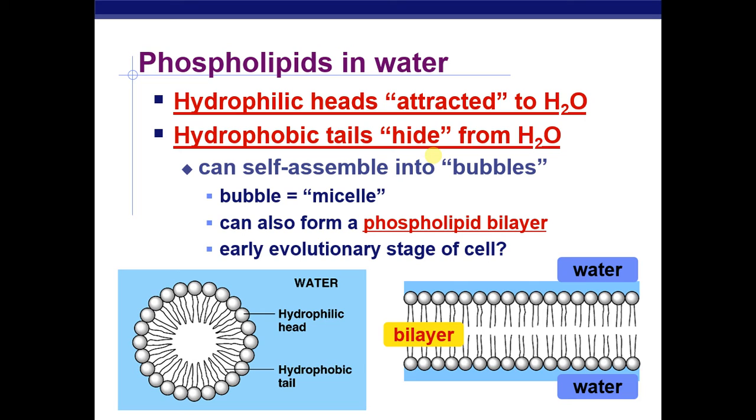If we put a bunch of phospholipids in water, they could self-assemble into a bubble, or a micelle we call them, like this. The hydrophilic head part that likes water is facing out, facing the water, ready to mix with it. The hydrophobic nonpolar tail parts are all crunched in the inside trying to avoid water.